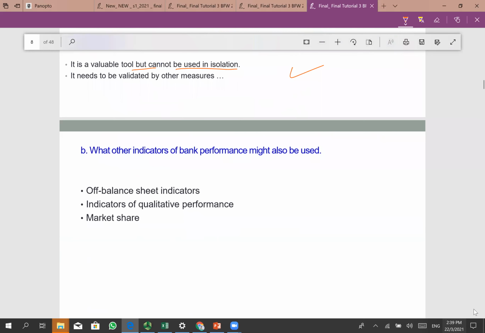What other indicators can we use? We can use also the off-balance sheet indicators. We can use the qualitative, and for the qualitative we have talked about internal and external. And when we talked about the internal, as I told you, we talked about the staff, the systems, the services, and the plans.